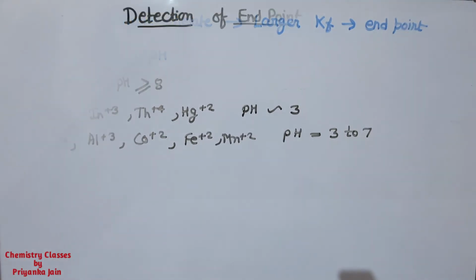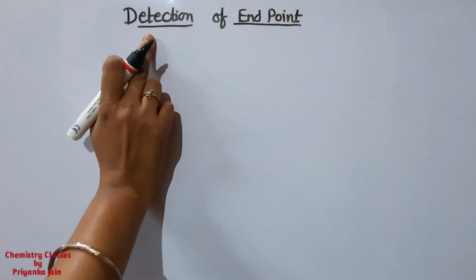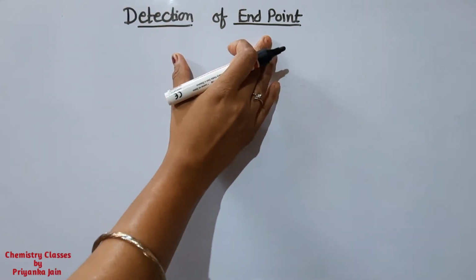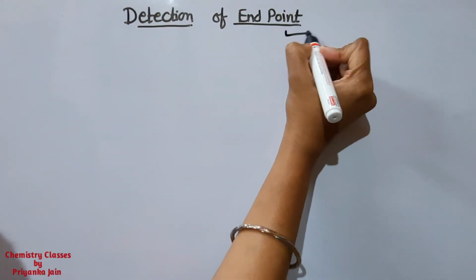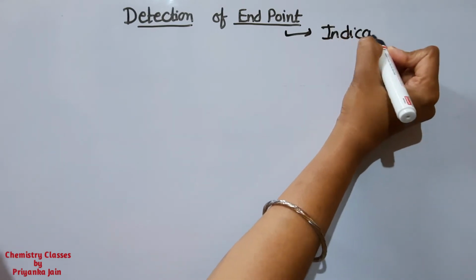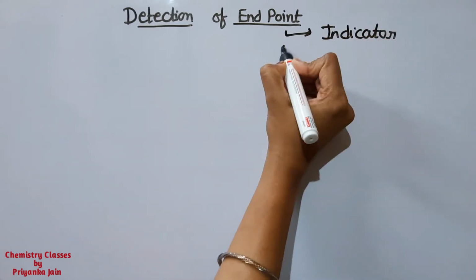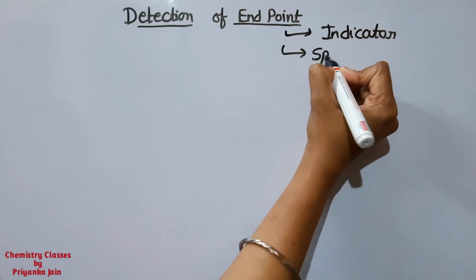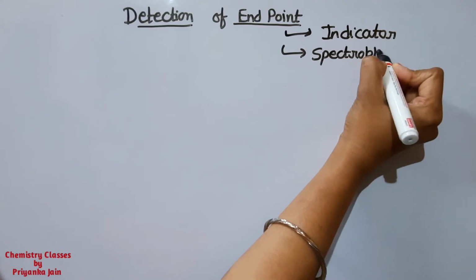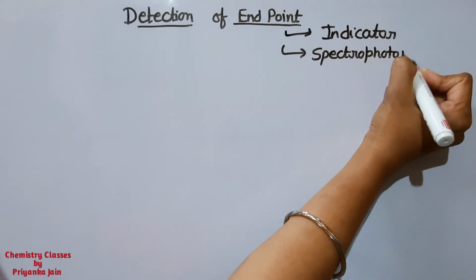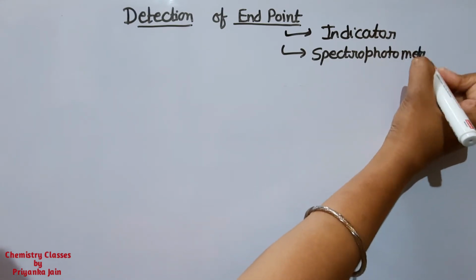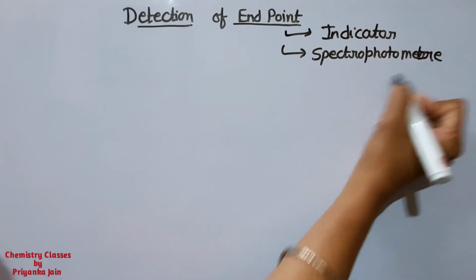Now the next thing is the detection of the endpoint. How can we determine the endpoint? For this there are three methods. One is the use of an indicator, the simplest method. Another one is the spectrophotometric method, by the use of a spectrophotometer.